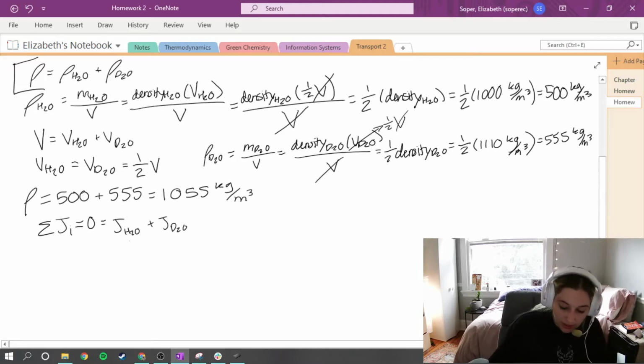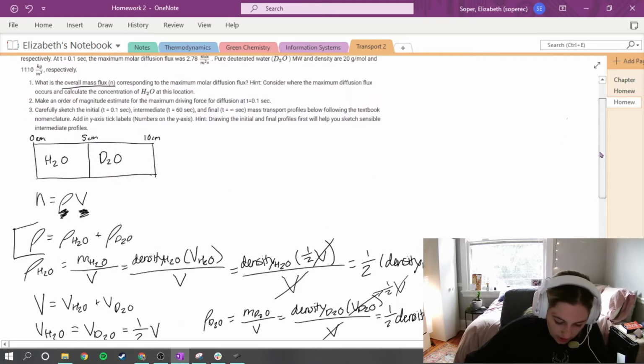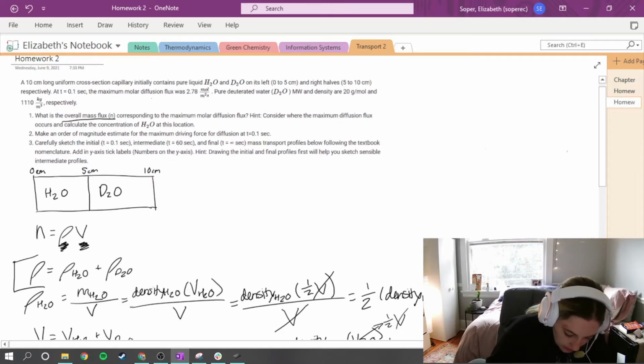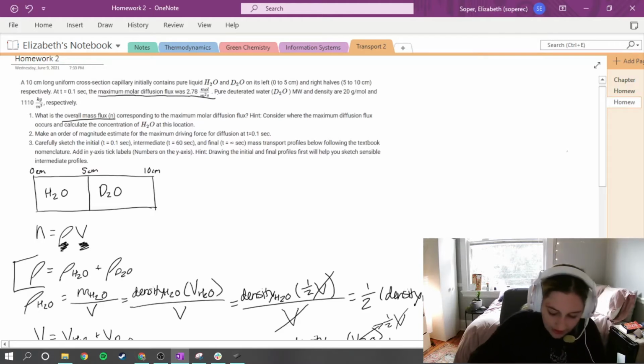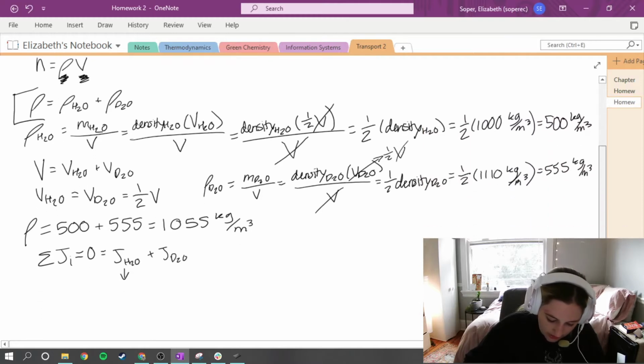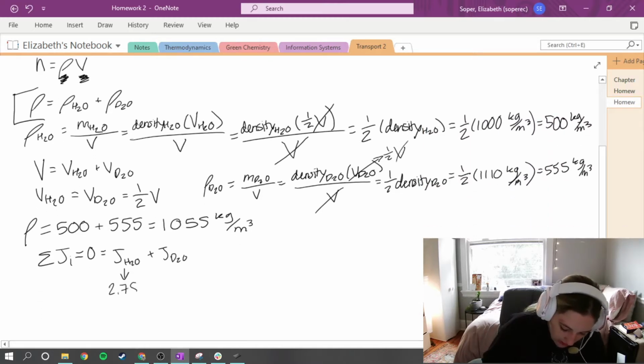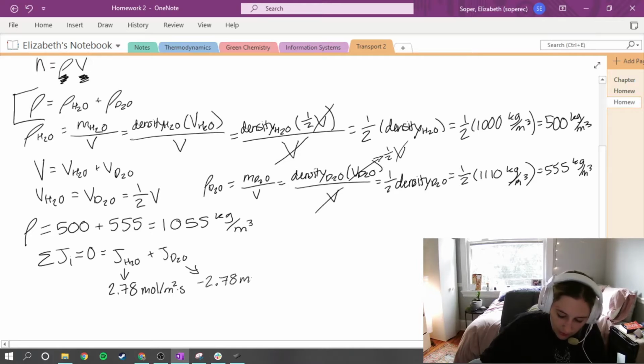And we're given that the molar diffusive flux of water was 2.78 moles per meter squared seconds. So that means that the other one has to be negative 2.78 moles per meter squared seconds.